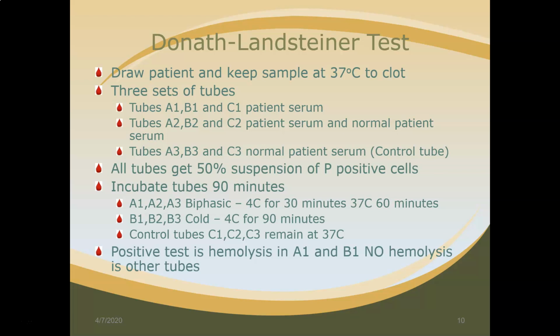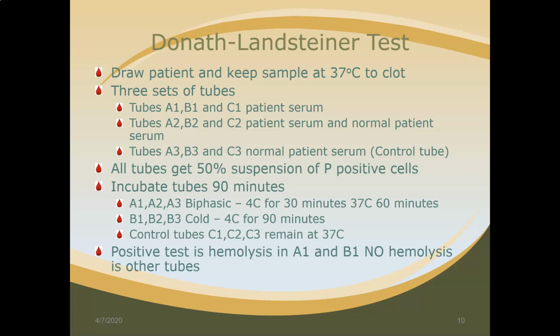So 4 degrees in an ice bath or the refrigerator for 30 minutes, and then into a water bath or a dry heat block for 60 minutes at 37 degrees. All of the B tubes get made cold, so we incubate those in an ice bath or the refrigerator at 4 degrees C for 90 minutes. And the control tubes remain at 37 degrees for the entire 90 minutes.